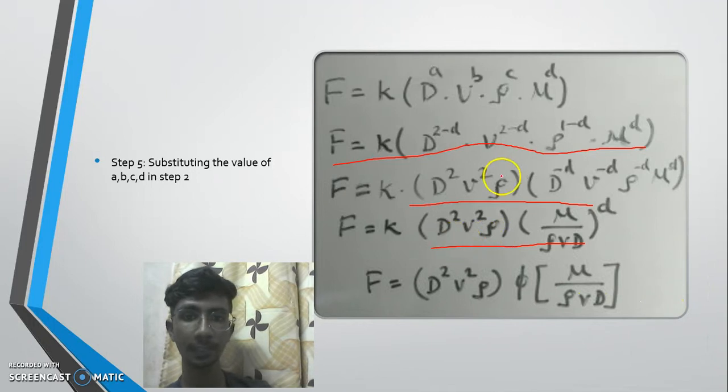We'll get the answer: F equals d² v² ρ times a function of μ over ρ v d. That will be the final answer. Thank you.